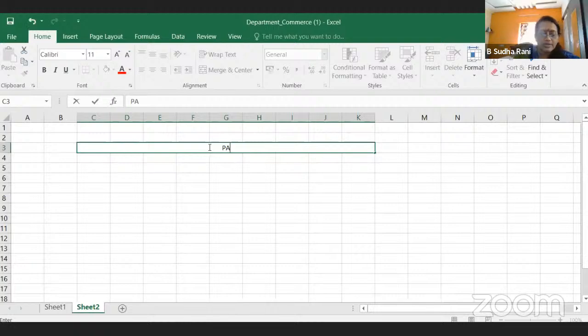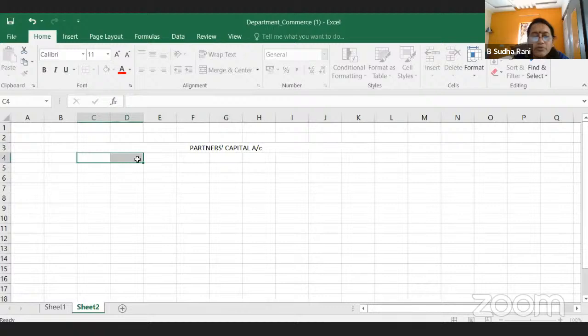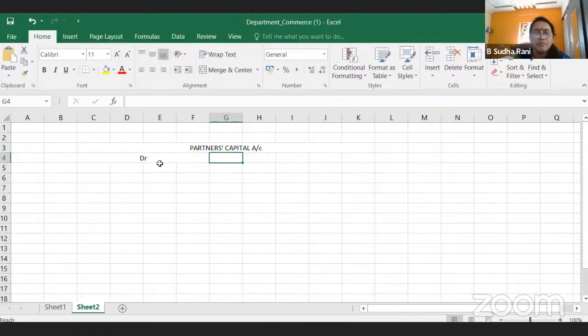Okay, so partners' capital account. Okay, 1 2 3 4. Merge. This is the debit side. One, two, three, four.